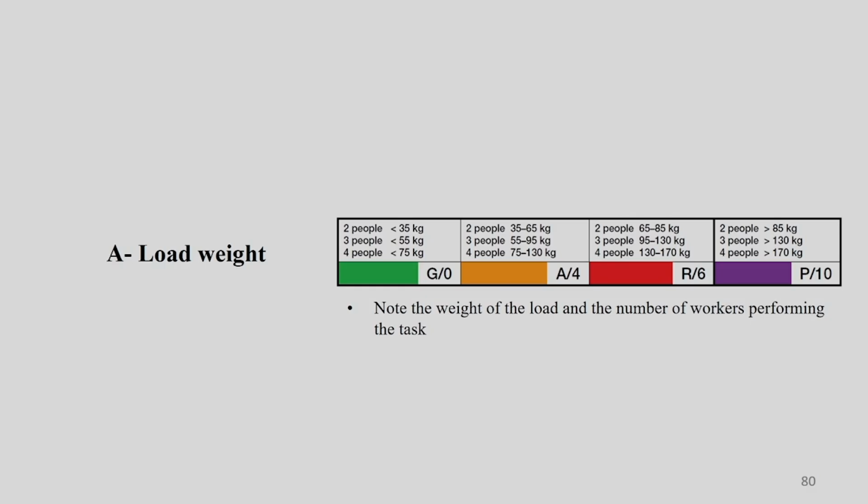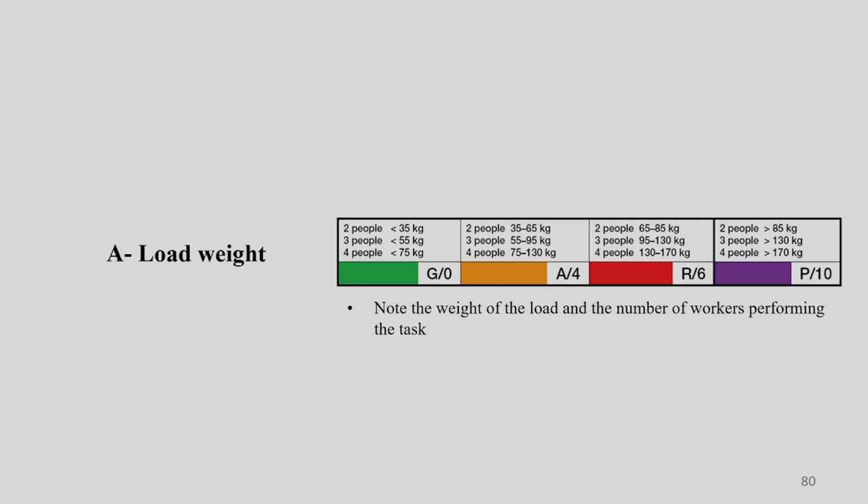Now if it is 35 to 65 kg with 2 persons, then amber; 55 to 95 with 3; and 75 to 130 kg with 4 people, then it is in the amber zone. In case it is more than that, like 65 to 80 kgs, and it is handled by only 2 persons.